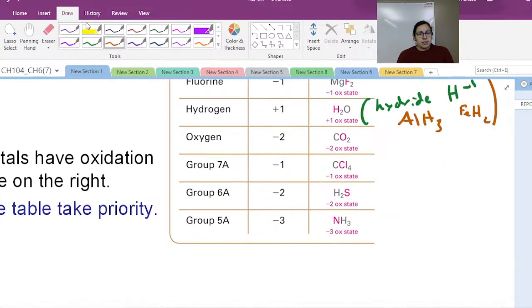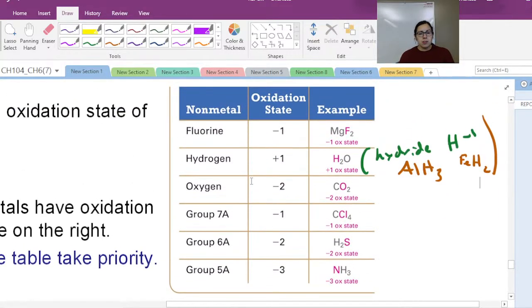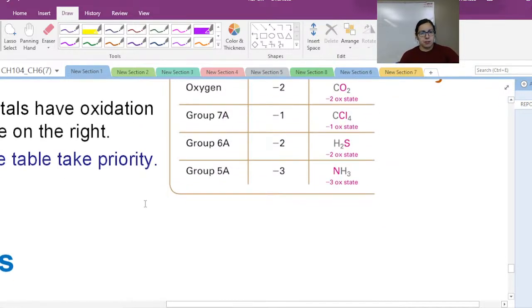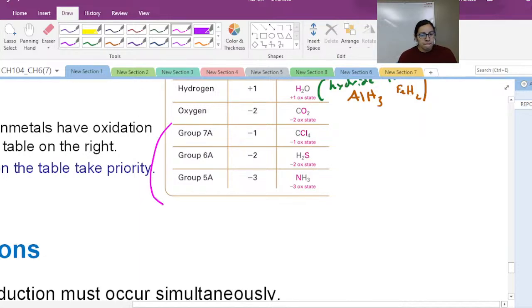Oxygen is one that we usually base our other oxidation states off of. Oxygen is always -2, except if it's a peroxide. Let me draw my exception somewhere. Exception: peroxide.